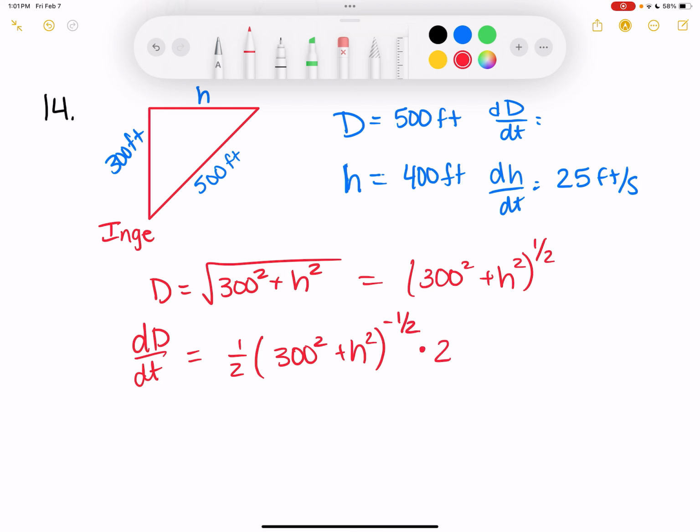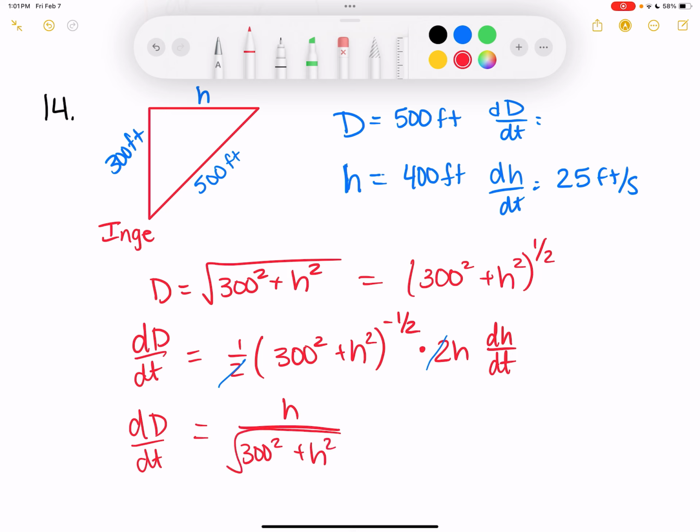Times 2H dH/dt. Yep. So now 2 and 2 cancels. So I've got dD/dt equals H over the square root of 300 squared plus H squared, times dH/dt.